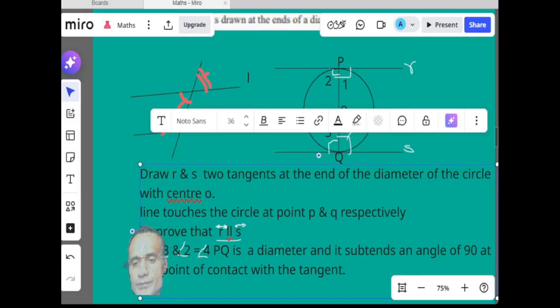But 1 and 3, and 2 and 4 are interior opposite angles.